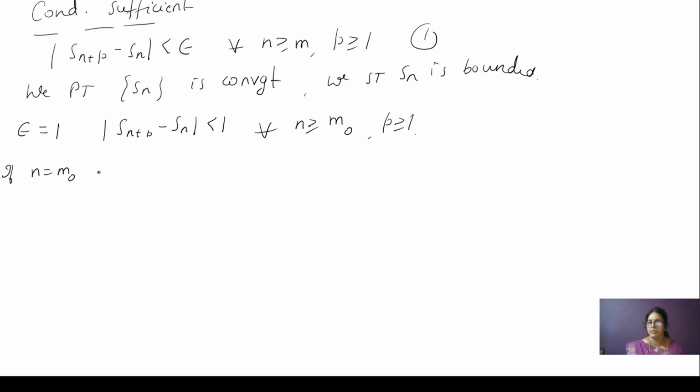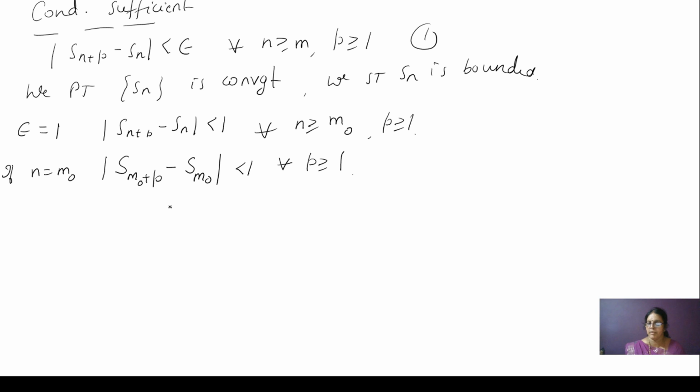When n is equal to m naught, this expression takes the form S_{m naught plus p} minus S_{m naught} is less than 1. This is less than 1 for every p greater than or equal to 1.